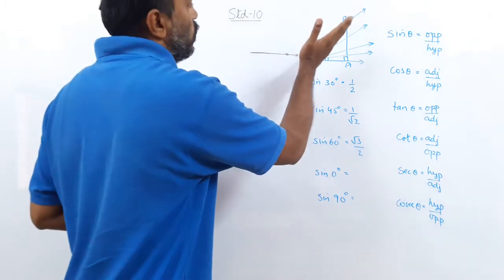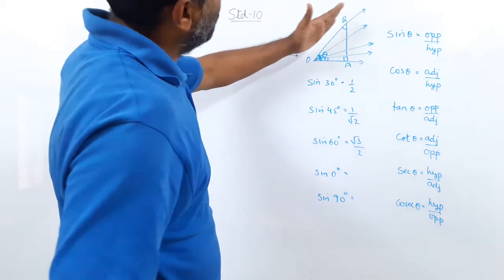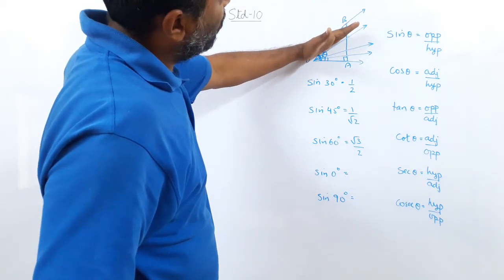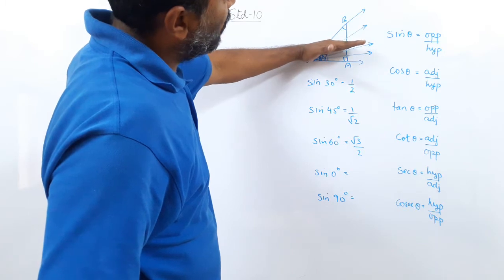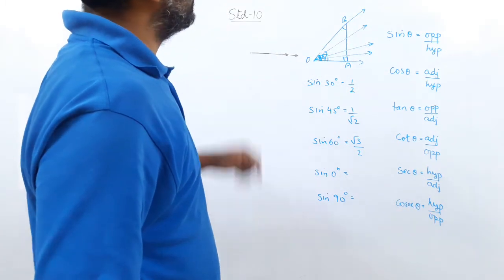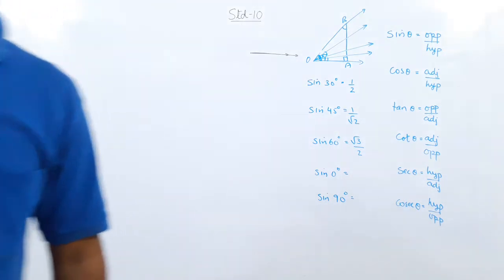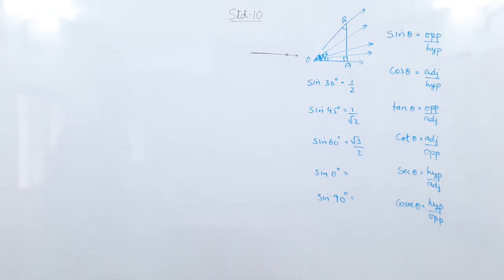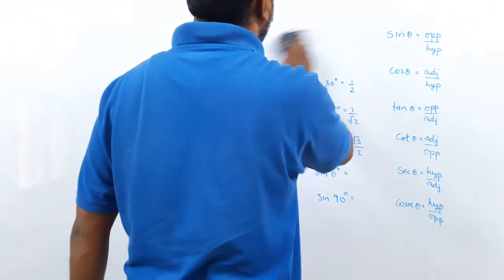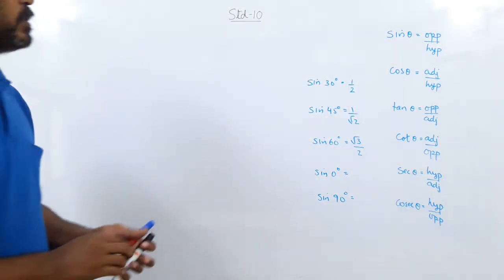The theta was initially here, say 60 degree. From 60 it came to 45. From 45 it came to 30. And I can keep on slowly reducing. But 0 practically is not possible. So 0 is possible only theoretically.